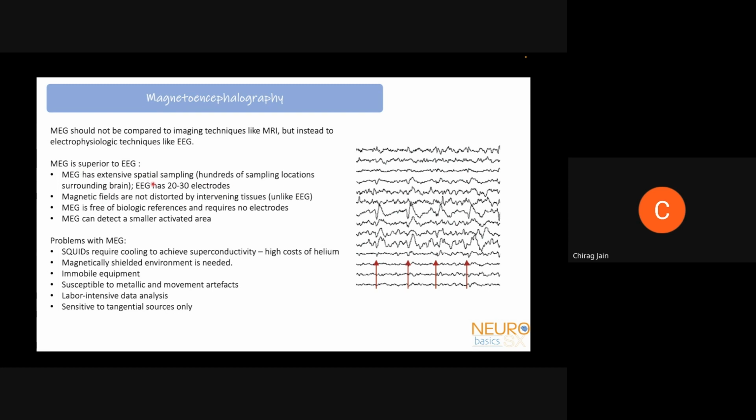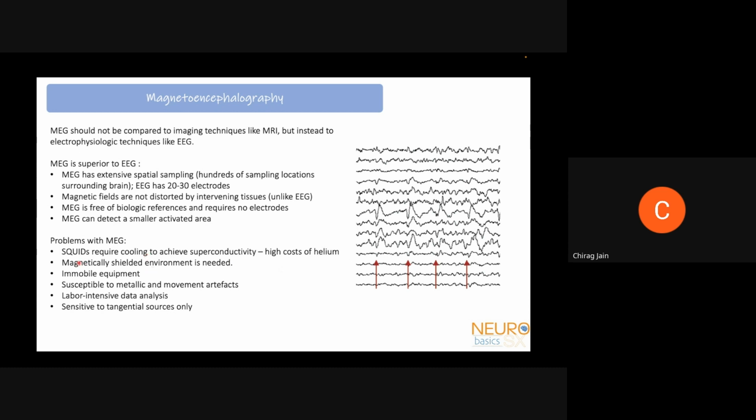As we know, the EEG is distorted by scalp, surgeries, etc., but MEG is not. MEG is free of any biological references. We do not require any electrodes to pick up MEG activity. And it can detect a smaller activated area as compared to EEG. EEG usually has a sensitivity of more than 10 centimeters squared, but MEG can pick up 2 to 6 centimeters squared areas also. The problems with MEG are that, as we discussed, superconductivity, helium, high costs.